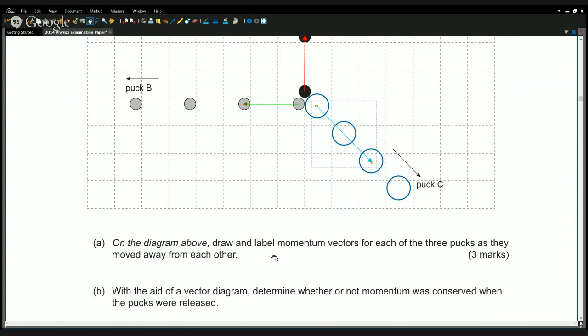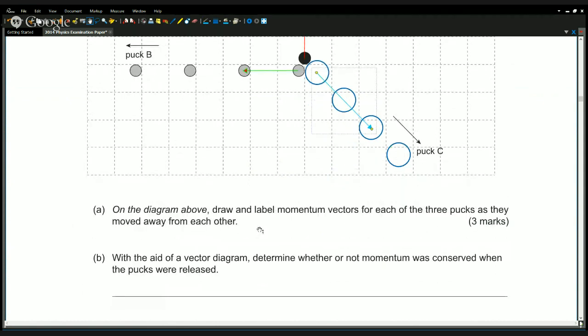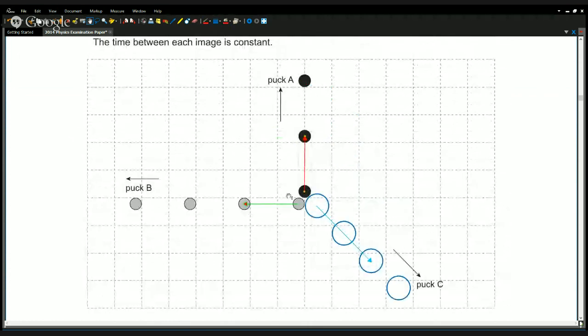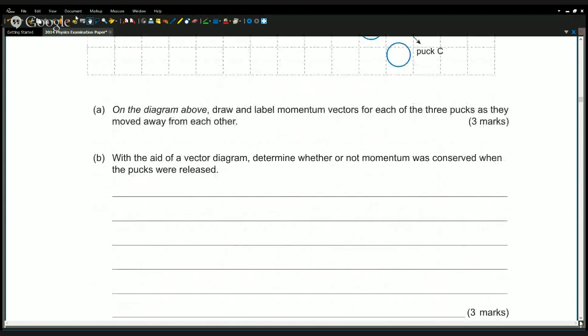Use the vector diagram to determine whether or not momentum was conserved when the pucks were released. Now I'm just going to have a look to see if I can actually. Now you've got to basically transcribe these. So basically the idea is, let me just write this out in pen.